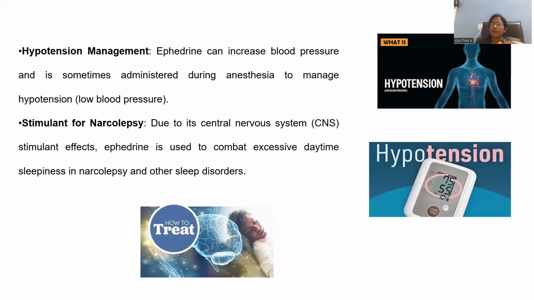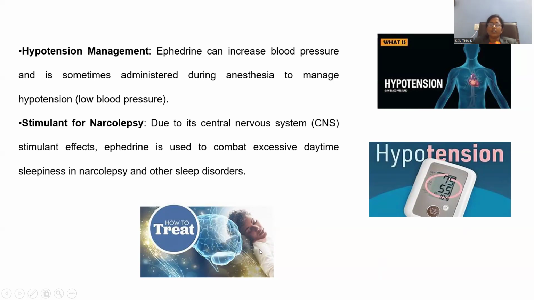The heart pumping rate is very slow, which lowers the blood pressure, and that will have a serious, severe impact. In order to avoid low blood pressure conditions, we go for the medication called ephedrine. Ephedrine enhances the pumping of blood, blood circulation will be enhanced, so that blood pressure will be regulated, right?